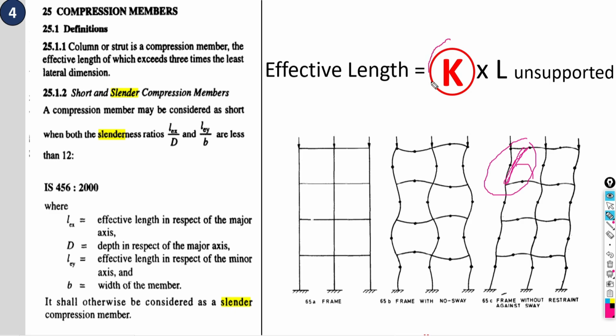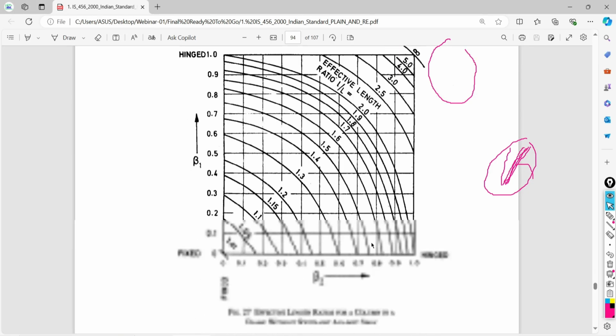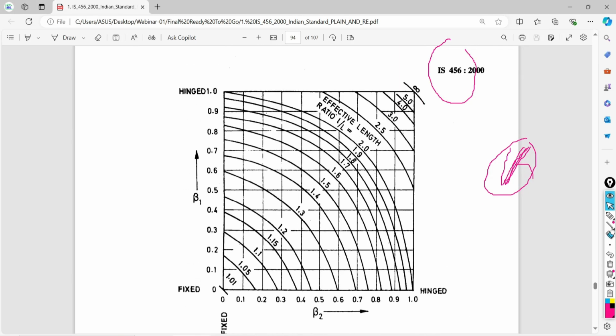That's why your k value, minimum, will be at its actual length, and more than that it can increase to a greater length. So when you consider sway, your k value will start from 1 and can go to infinity.